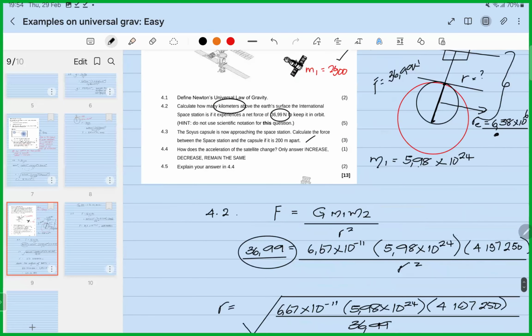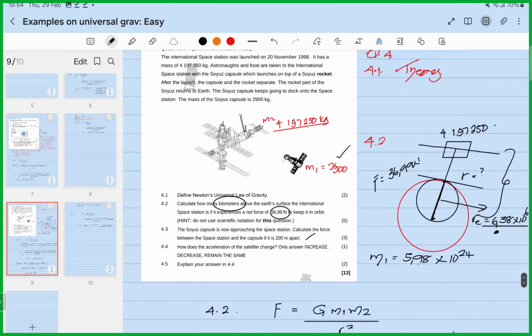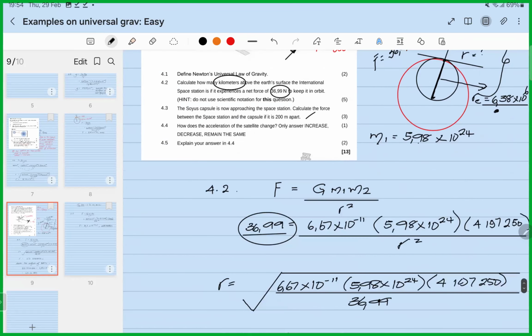Then it says, how does the acceleration of the satellite change? Write down increase, decrease, or remain the same. As the satellite is approaching the space station, that distance of separation is going to continuously decrease, which means the net force on it is going to increase, which means from Newton's second law, the acceleration should increase. Why?